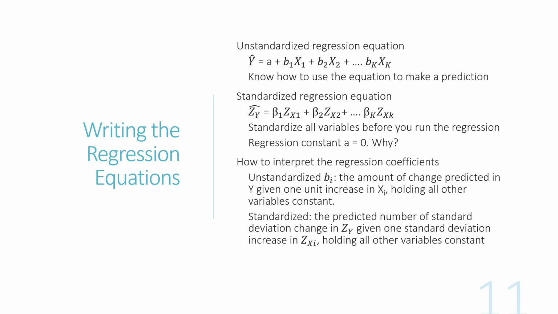The unstandardized regression coefficient represents the predicted change in the dependent variable for a 1-unit increase in the corresponding independent variable, holding all other variables constant. The standardized regression coefficient represents the predicted change in y in standard deviation units for a 1 standard deviation increase in the independent variable, holding all other variables constant.